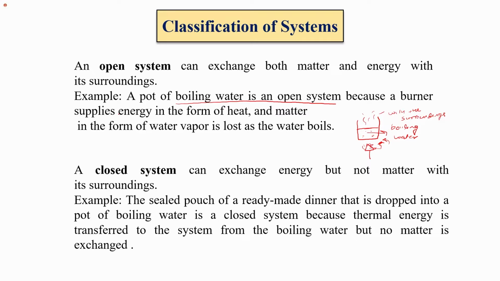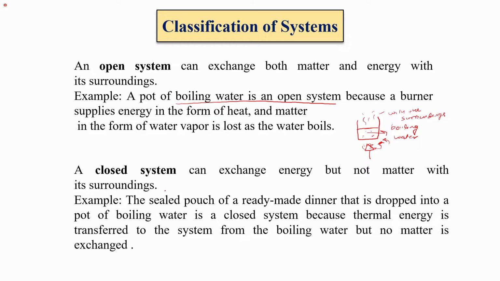Next is our closed system. So in a closed system, what happens? Only energy can be exchanged, but no matter can be exchanged with the surroundings. So let's say these days we have this ready-made dinner kind of thing. They come in a sealed pouch, and we have to boil them to eat it basically.